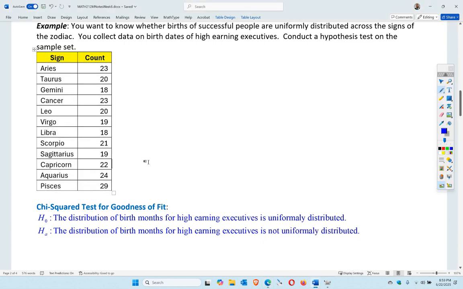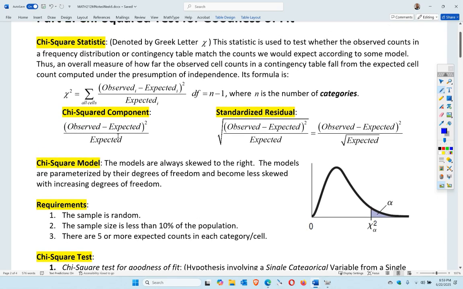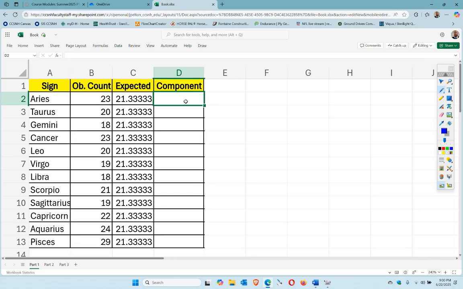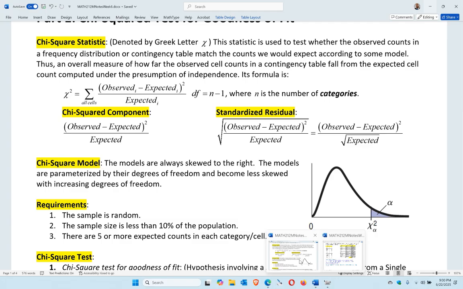The component, remember, is the chi-squared component, because each one of these is a component. You add them up, you get chi-squared. This is the observed minus the expected squared divided by expected, right? So equals observed minus expected to the second power divided by, again, look back at the formula, expected.